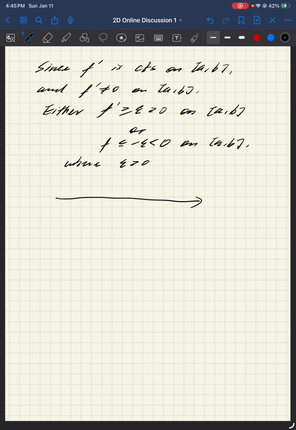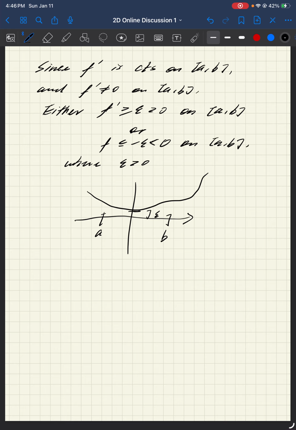So if this is my interval [a, b], then my f prime must look like either something like this, where it's bounded away from 0 by height epsilon, or it looks like this, where it's also bounded away from 0 by epsilon.